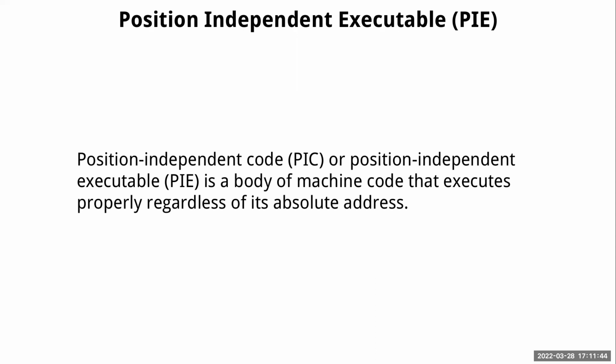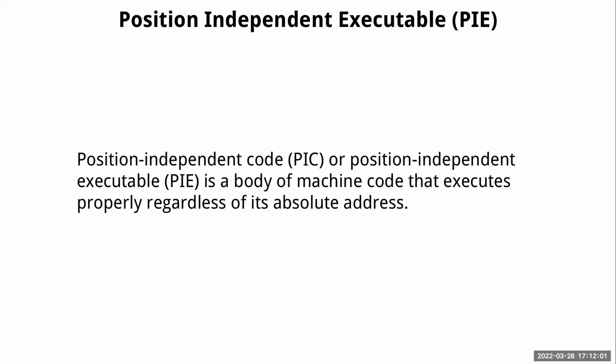Most of the instructions you have seen so far are PIC already. It doesn't really matter where they are. For example, if there is an instruction to add two registers together, no matter where it is, it will add two registers together.